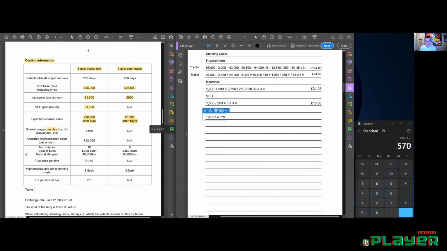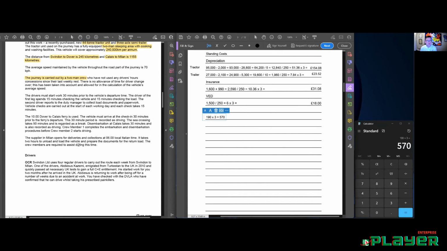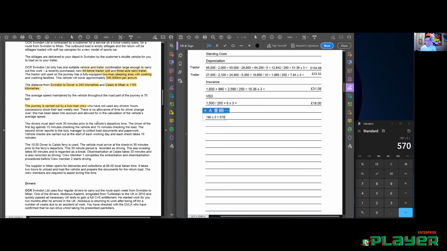570. Now, again, it doesn't tell you any more in this little bit. So if you are following through this table, working out all your costs, it's quite easy to go wrong at this point because you think, well, that's £570. When actually it tells you in the case study, the journey is carried out by a 2-man crew.